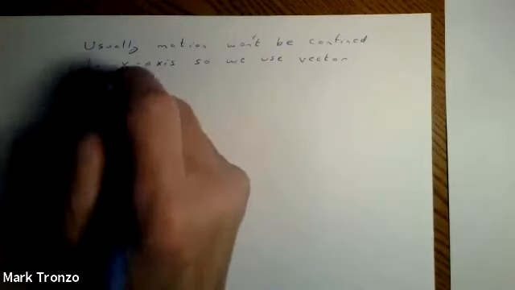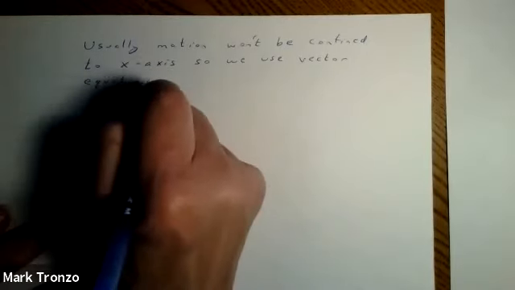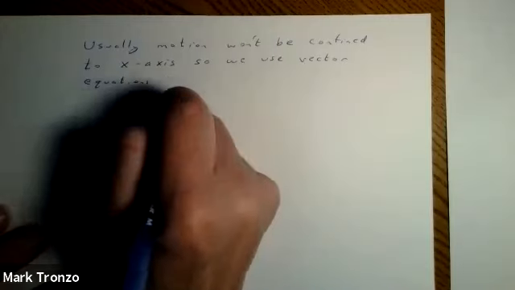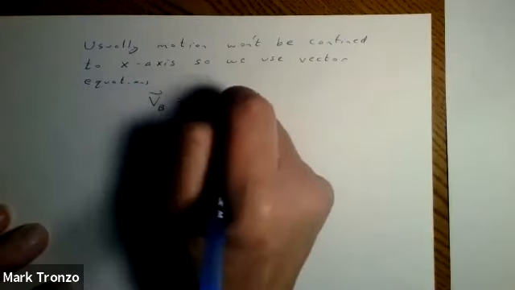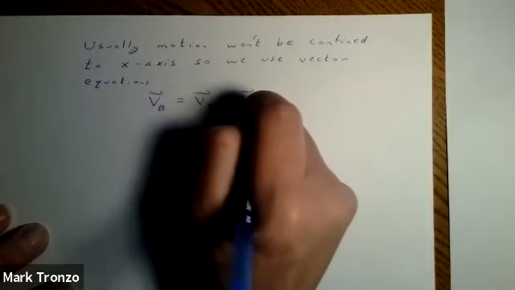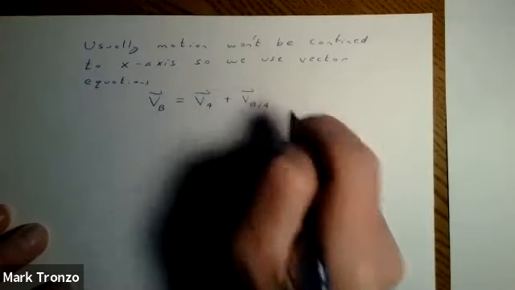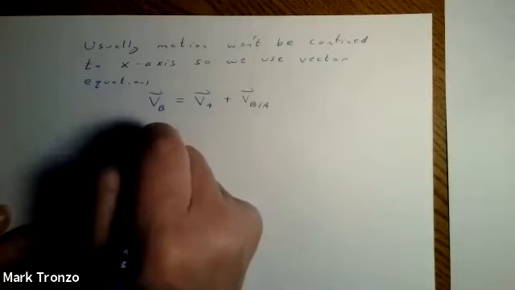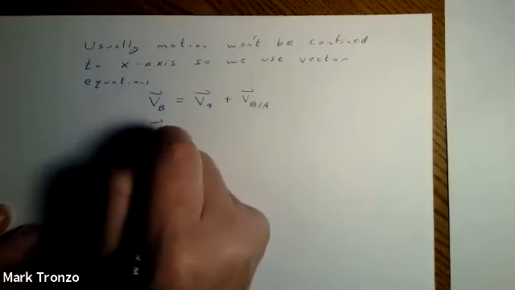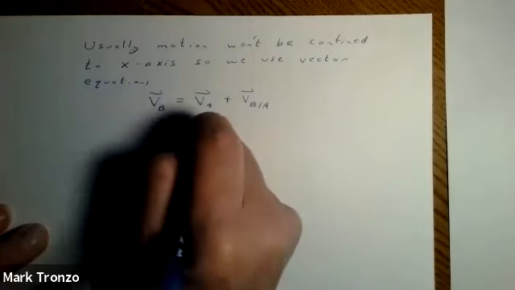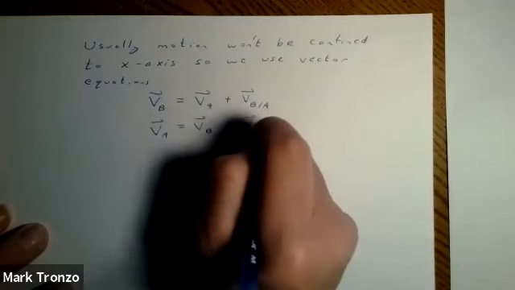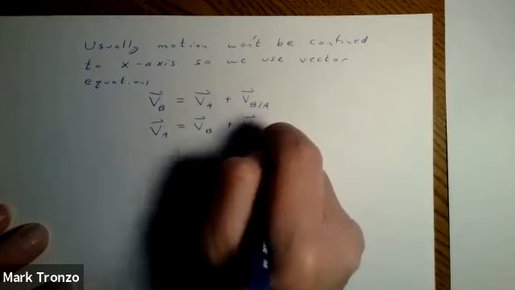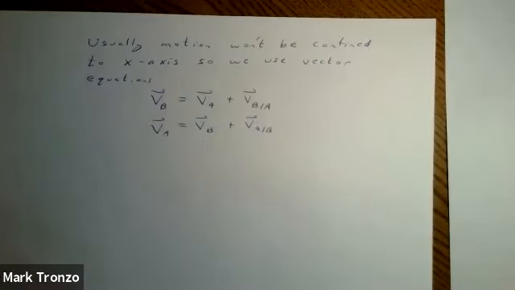That would simply be the same thing with vectors. The vector V_B equals the vector V_A plus V_BA, or if you use the other equation, vector V_A equals vector V_B plus V_AB. Same equation, just with vectors.